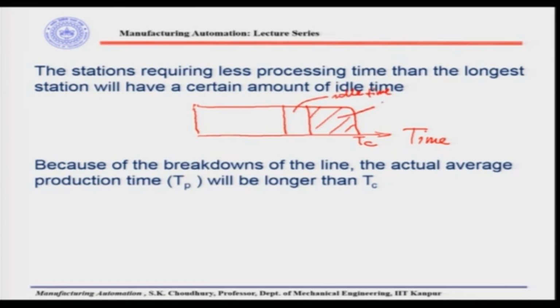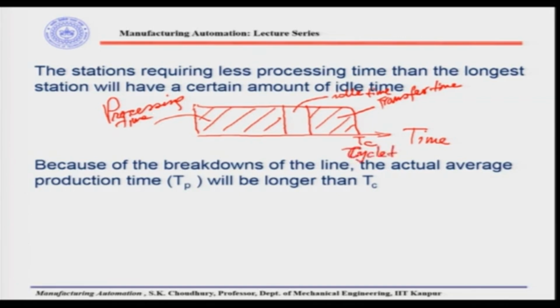This is the transfer time, and this is the processing time. So, what is happening is that whole thing is the cycle time, Tc is the cycle time, and this cycle time includes the transfer time and the processing time, and within the processing time, those machines which will be slower, they need some idle time.